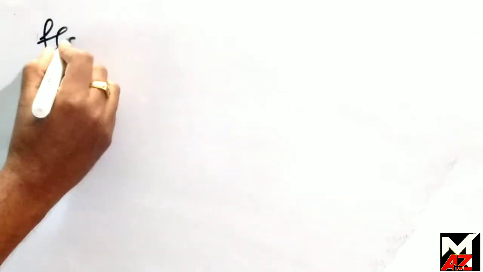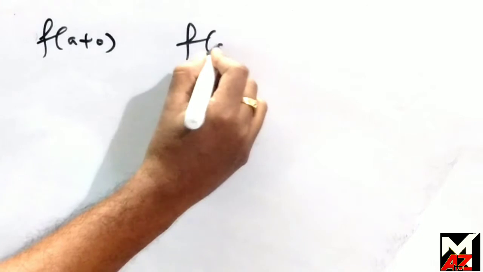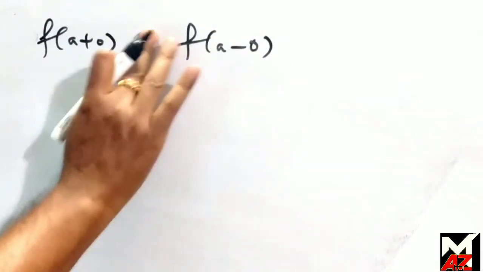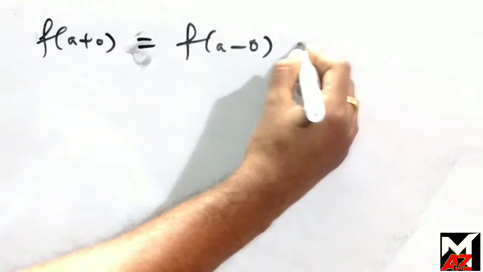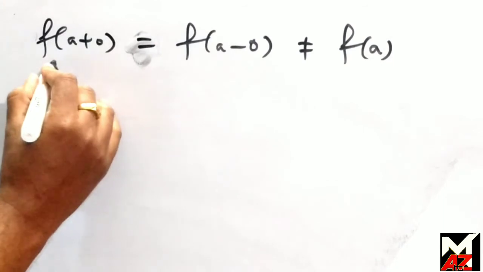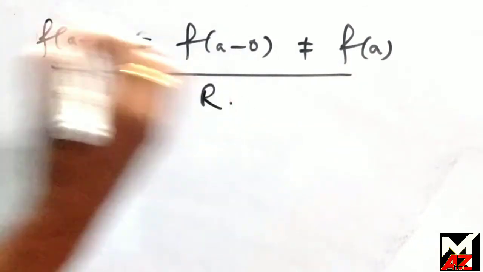For the first kind of discontinuity, if f(a+0) and f(a-0) both exist and are equal but not equal to f(a), then this type is called removable.